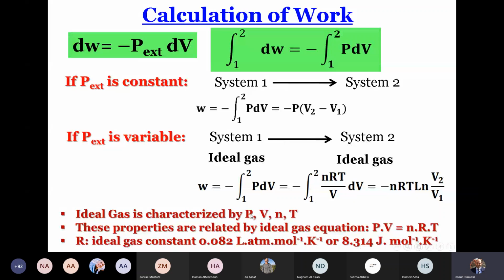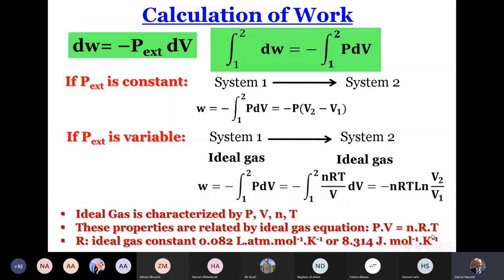For an ideal gas, the pressure, the volume, the number of moles, and the temperature are related according to the ideal gas equation, PV equals nRT.